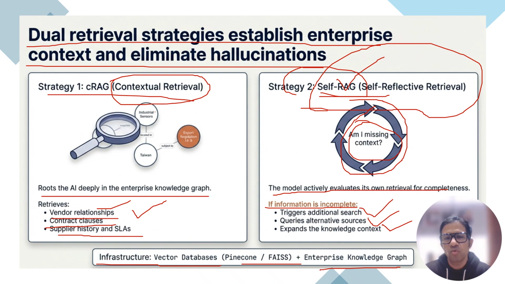So to summarize in one line, C-reg gives grounded context, self-reg checks completeness, and together they reduce hallucinations and make the system safe enough to move into agent execution, which is exactly what we will see next when we move into orchestration and the agent workflow.